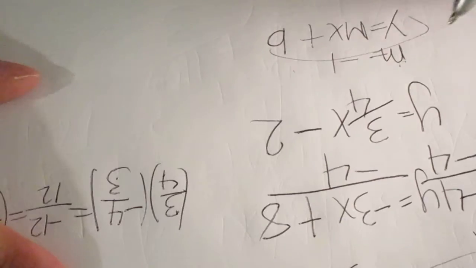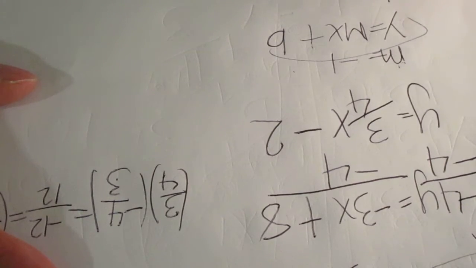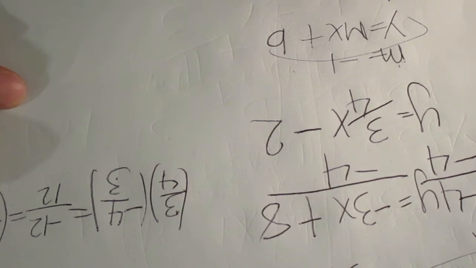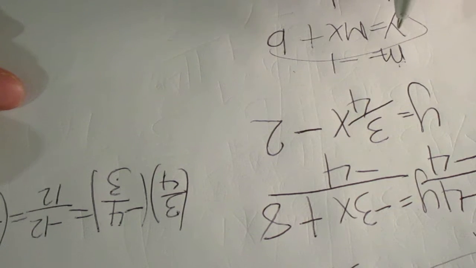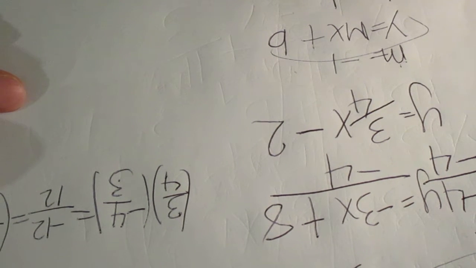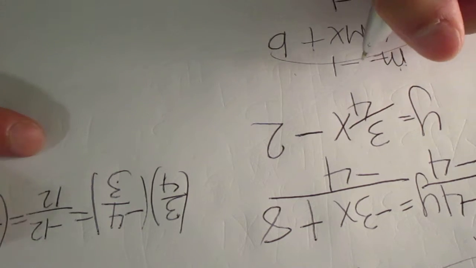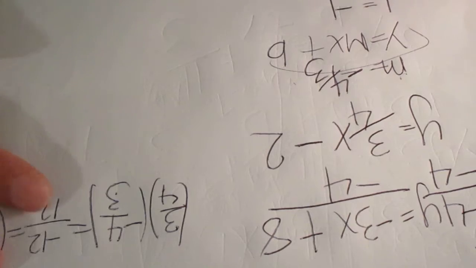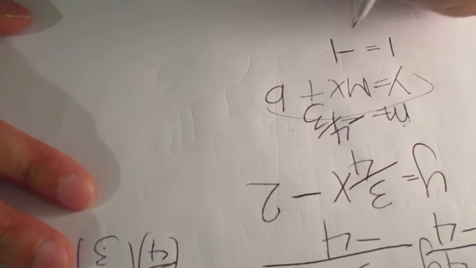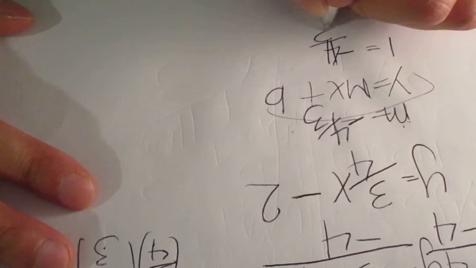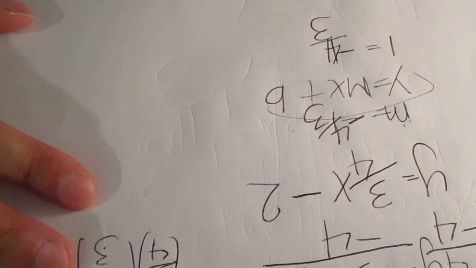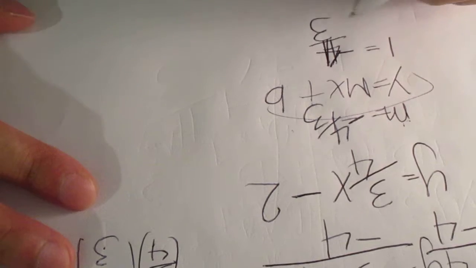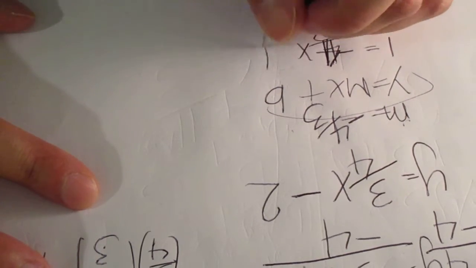So here's our x and our y. Our y is 1 and our slope is, I mean, not -1, it's -4/3, right? So it's -4/3 x and then plus b, right?